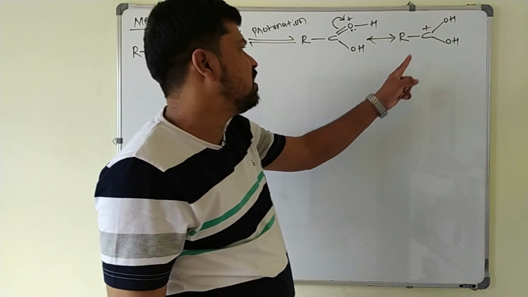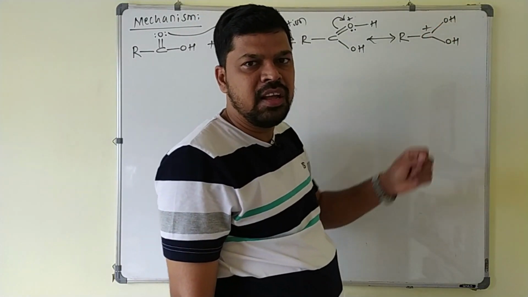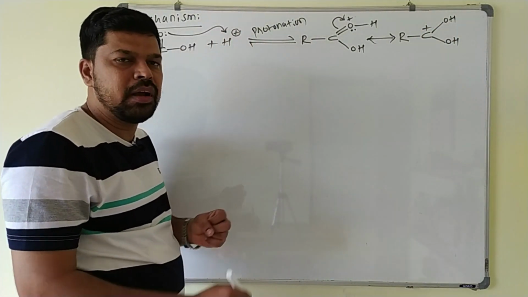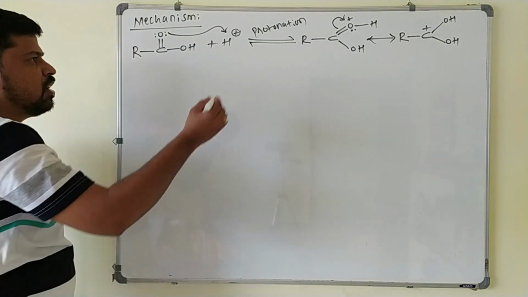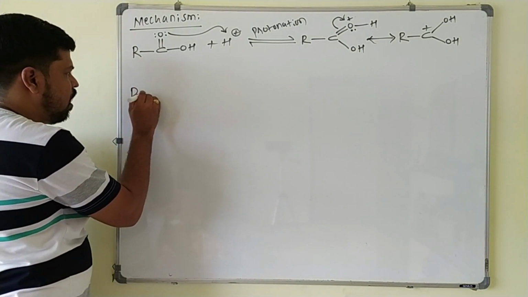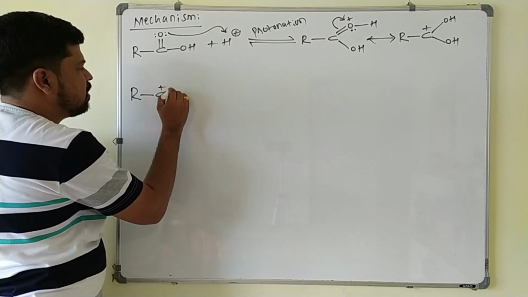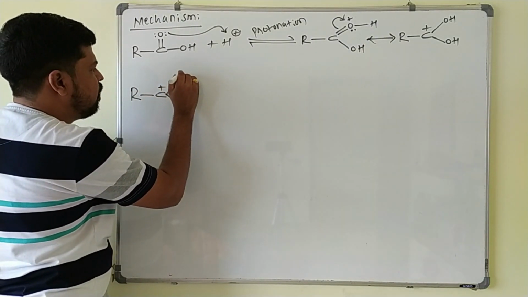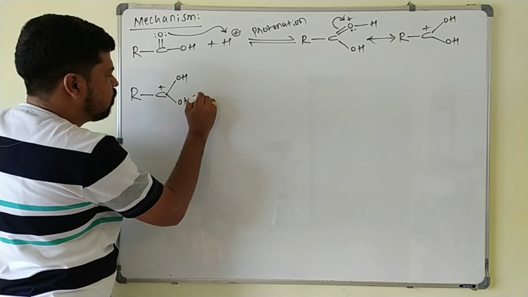Now the positive charge on the carbon atom is increased, so that a nucleophilic attack of alcohol becomes very easy here. Next step is nucleophilic attack of alcohol on this carbocation. R C, this is a positive charge, and here you will get OH and OH.